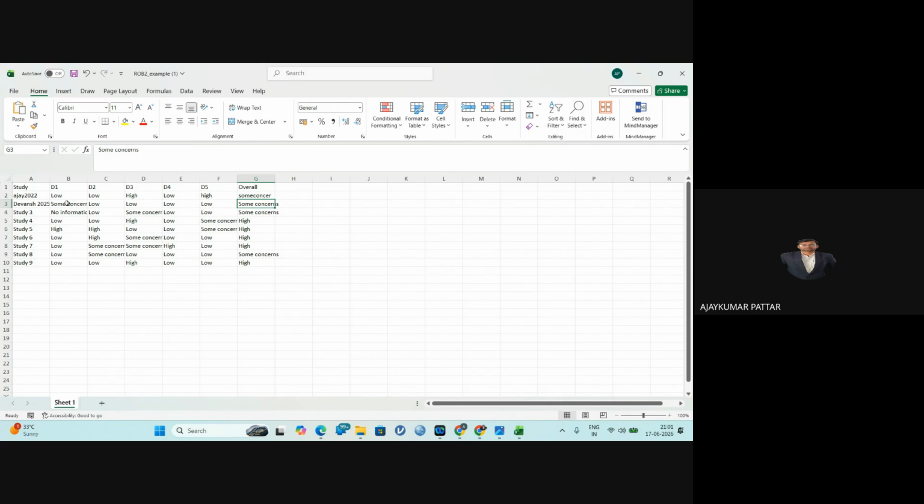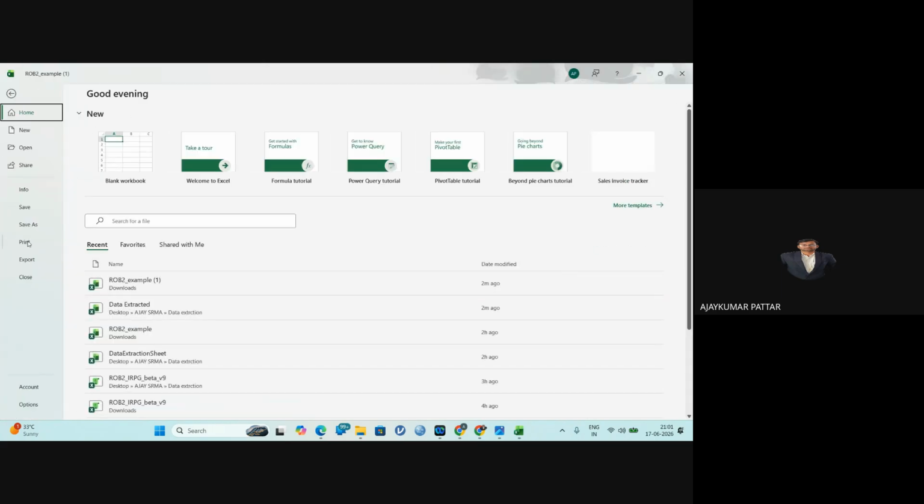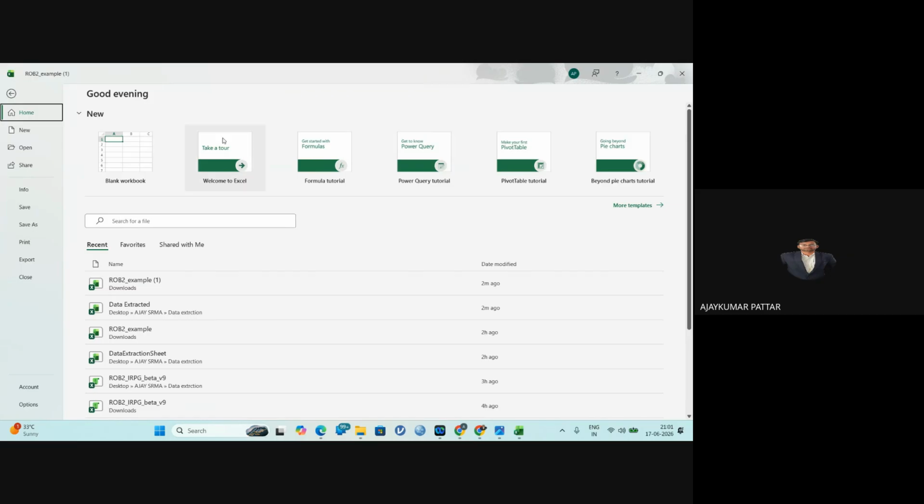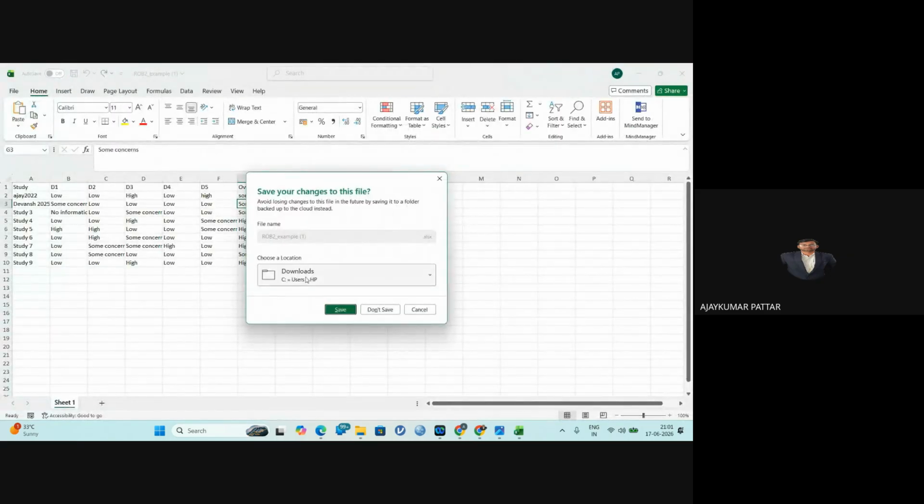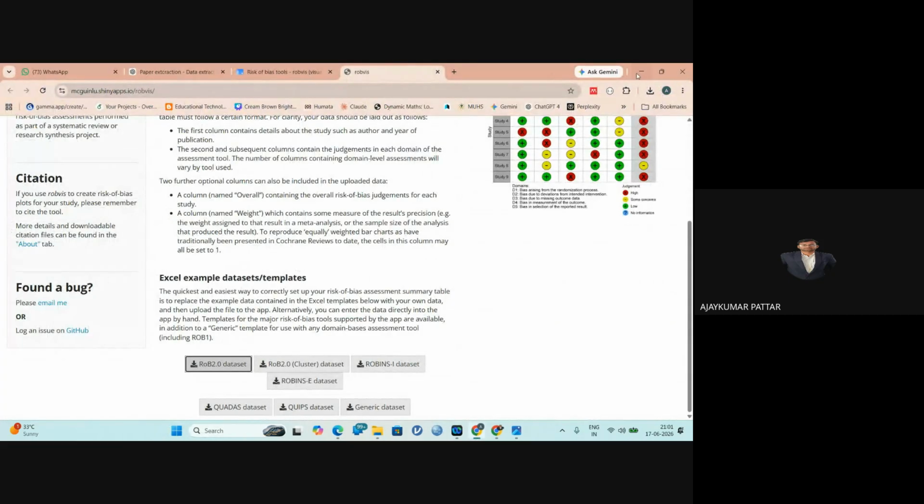For this particular Devansh paper, D1 I have written as some concerns, but D2 low risk. So each individual paper will vary among these 5 domains. Then if we enter this data in this particular Excel, we will download this one and keep it in our system.